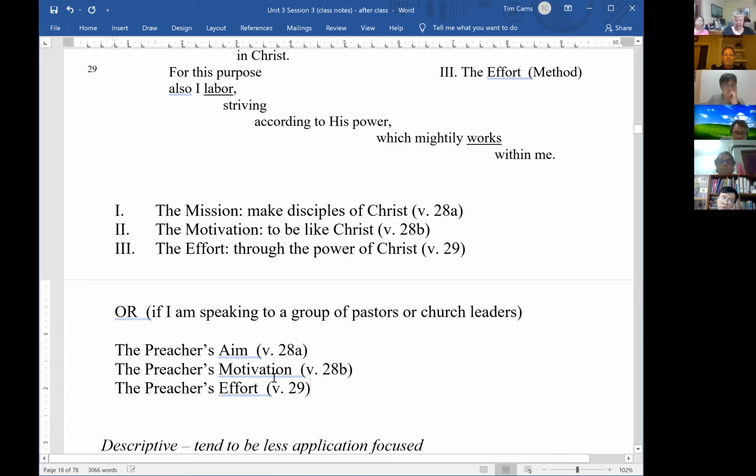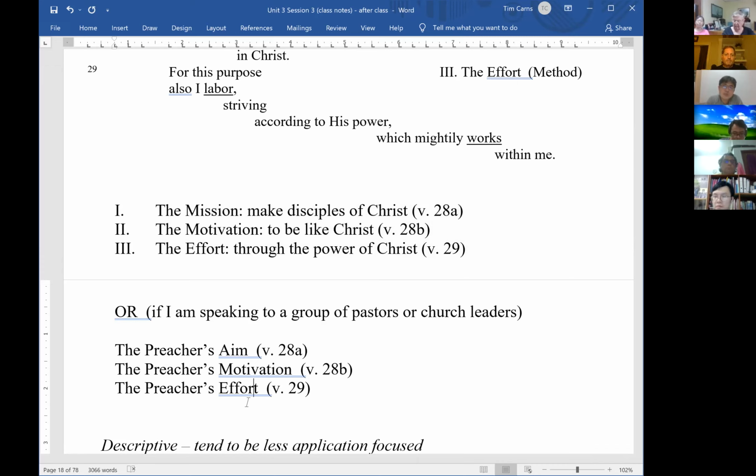It's going to be the same explanation of each point, the same outline in that sense, following each main point or idea in the text, but how I state that outline point might be a little bit different depending on my audience, my hearers.